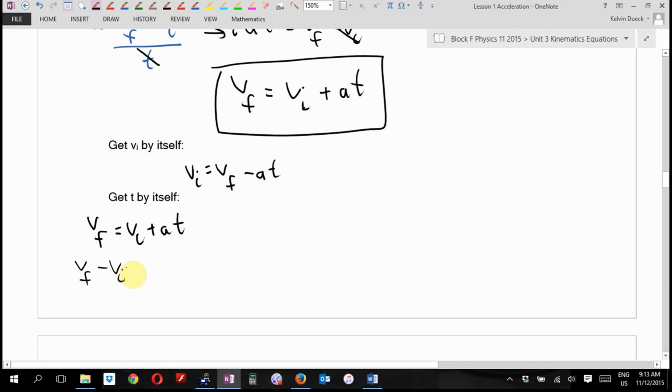Don't write this next bit down, just watch. That would have the AT drop down. How did you say I'm going to move the A over? I like to have the thing by itself on the left-hand side. So instead of having equal T, I'm going to go T equals. There's our equation, you can write that down. By Christmas, you'll be able to do all that in your head, showing no steps.